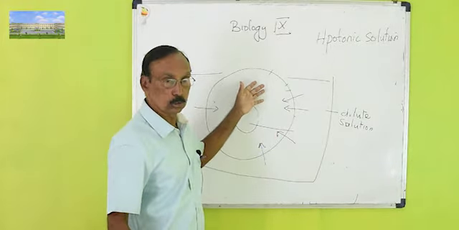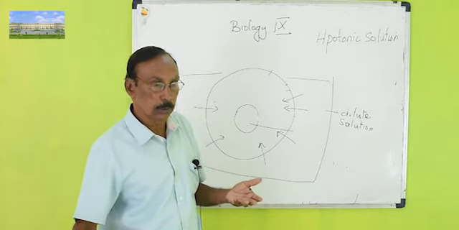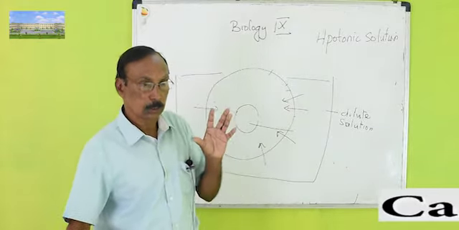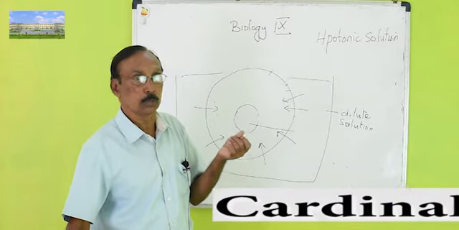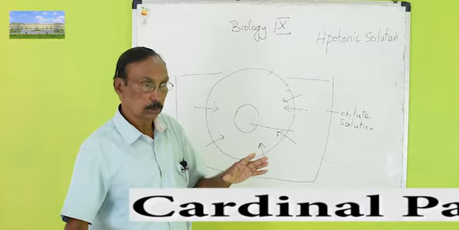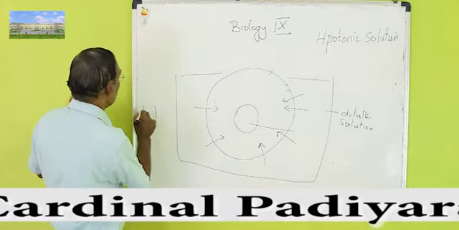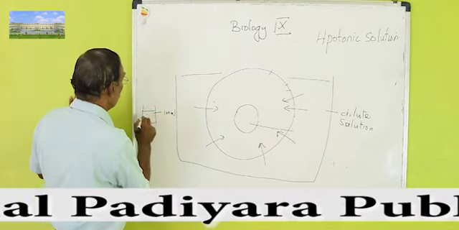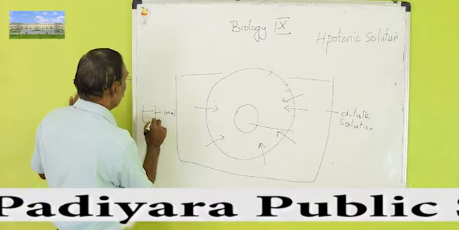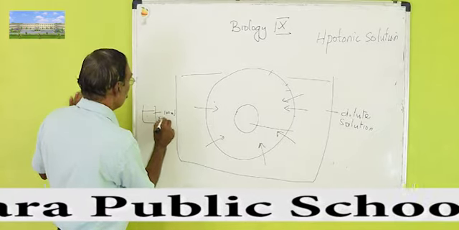Take the concentration seen inside the cell. For example, we can make a sugar solution by taking 100 ml of water and putting in 50 gram of sugar.